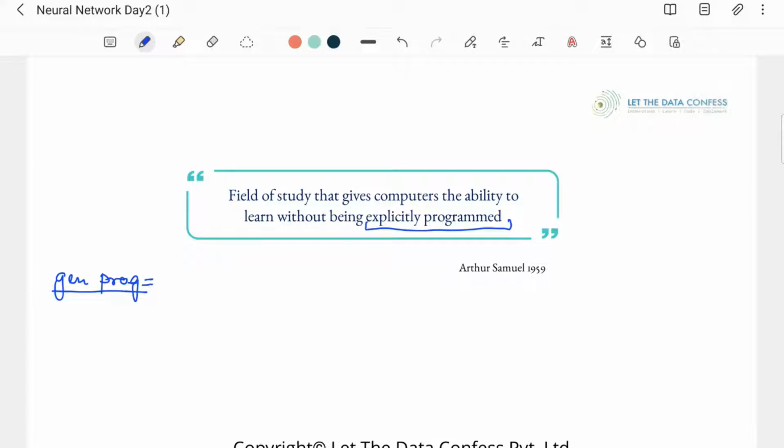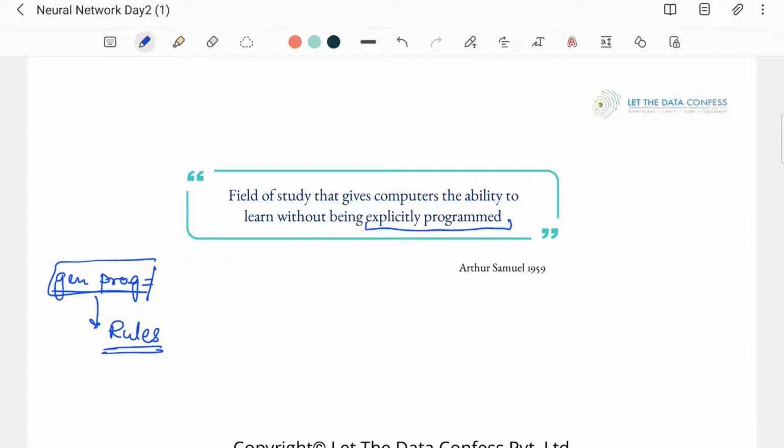Is that what we are doing with machine learning or deep learning? No, exactly not. General programming is all about rule-based things, where we have very fixed rules, and based on those our program should work.